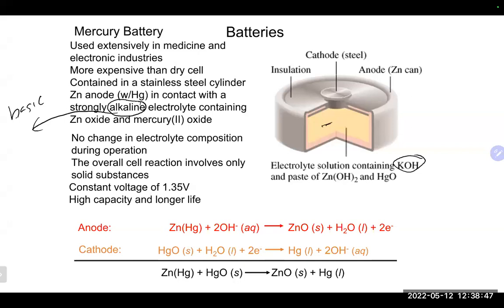You get a little less voltage on this one, 1.35, but it has a higher capacity because of really not degrading all that much. You're still left with a lot of the solids, which allows this reaction to continue. Once again, our zinc going from 0 to +2 here, our mercury going from +2 to 0 on the other side.